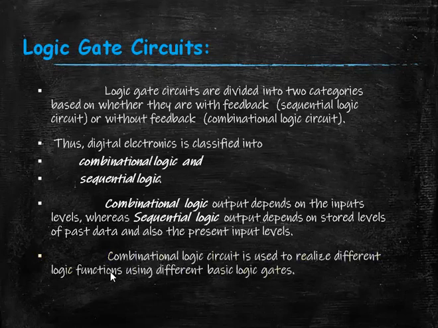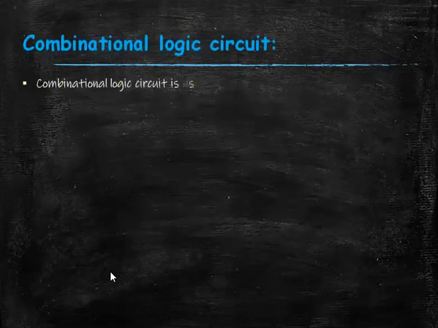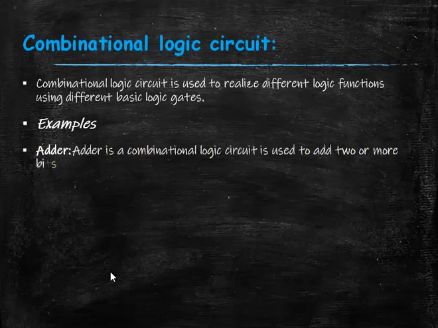The combinational logic circuit is used to realize different logic functions using different basic logic gates. And here are some examples. Adder is an example of a combinational logic circuit.